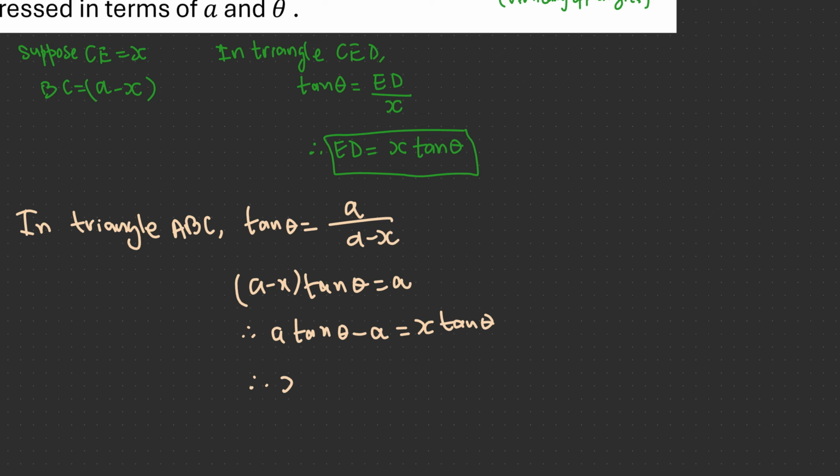So therefore, X equals A times tan theta minus A over tan theta.